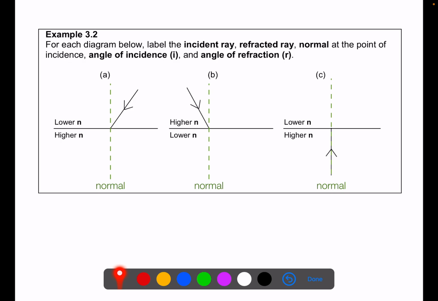And we also draw a dashed line to represent the straight position, the true direction of the light ray if there was no bending. For case A, when the light ray goes from a lower refractive index medium to a higher refractive index medium, we expect the light ray now to bend towards, or nearer to, the normal. In the second case, we expect the opposite.